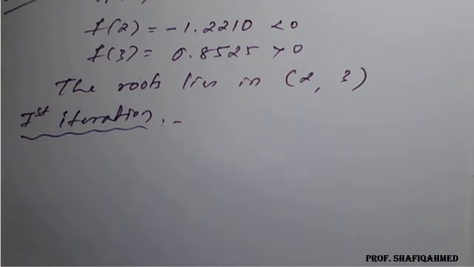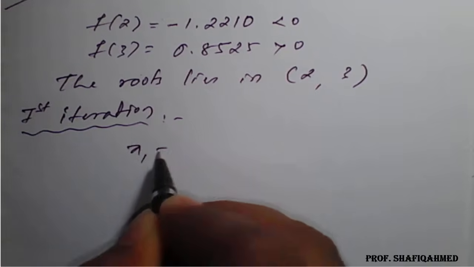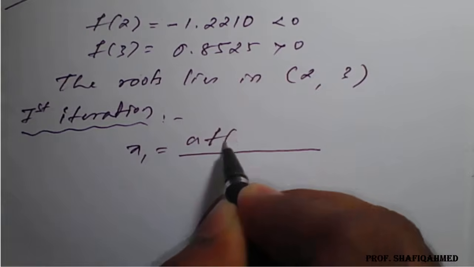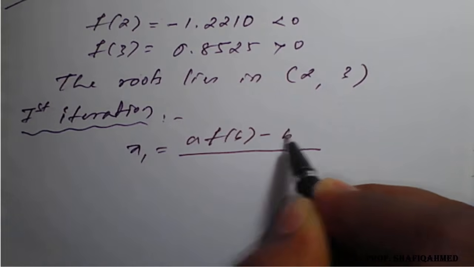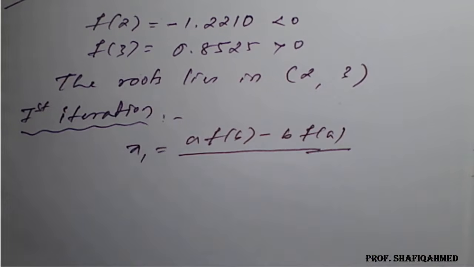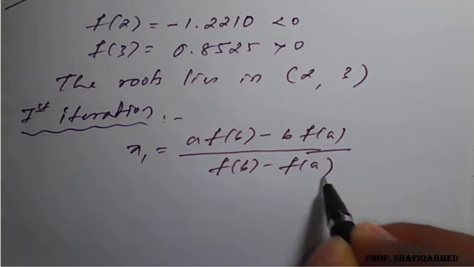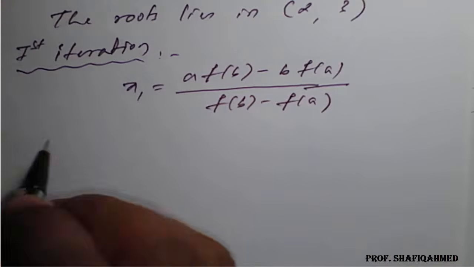The first iteration formula is x1 is equal to a f of b minus b f of a divided by f of b minus f of a. So what is a?